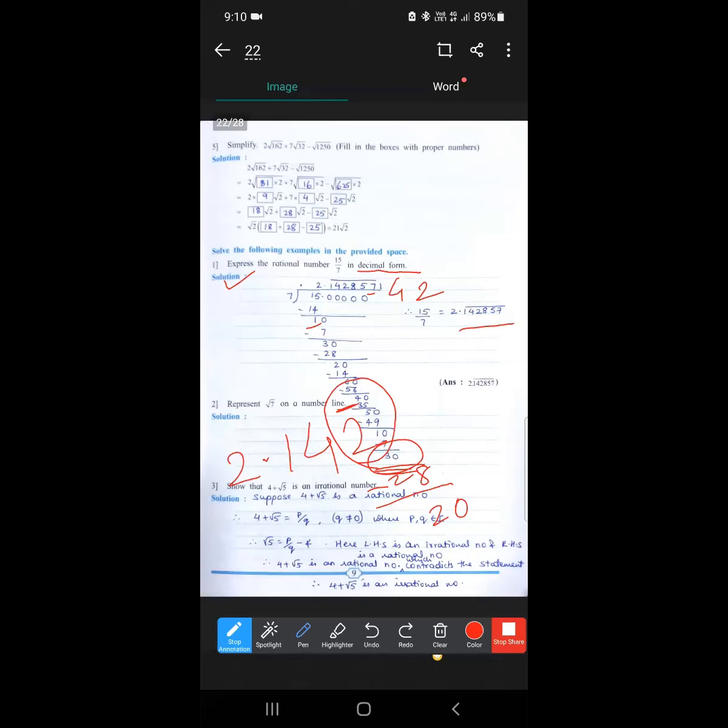That means the remainder is not getting 0. So this is very important, you need to be very careful when you carry out the division of a rational number. That was the first example.